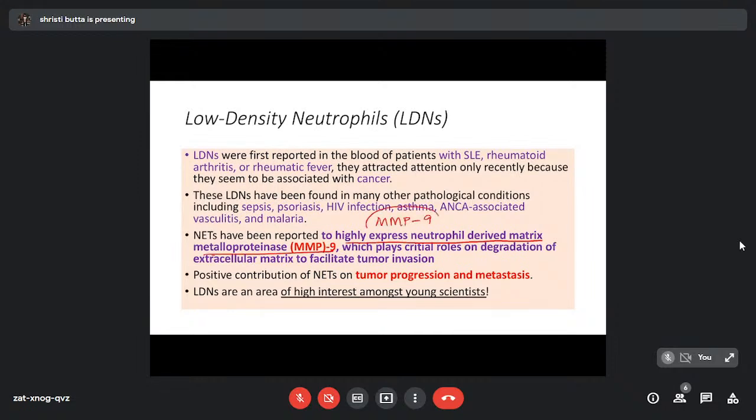So what is the function of this MMP9? This MMP9 has critical roles in degradation of the extracellular matrix, and it facilitates tumor invasion. Positive contribution of NETs on tumor progression and metastasis. So MMP9 plays a critical role in degradation of the extracellular matrix and facilitates tumor invasion.